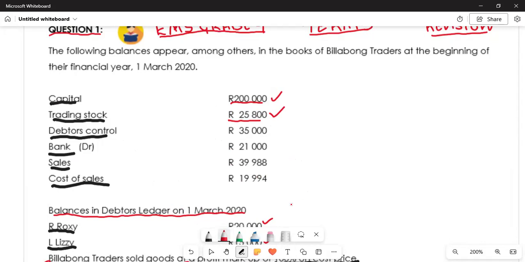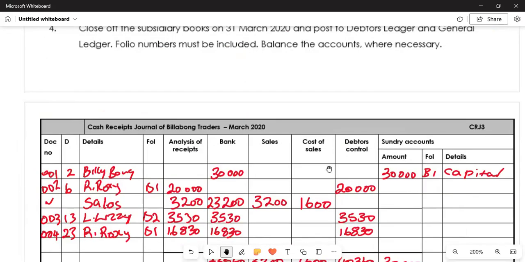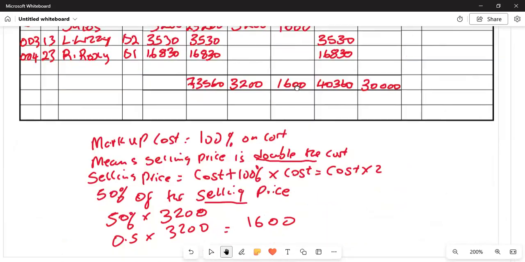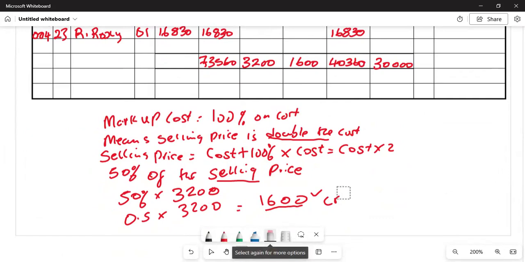If you can still remember when we're doing our calculations under cash receipts, we did have cost of sales of 1.6, which is going to go to the credit side of our trading stock.